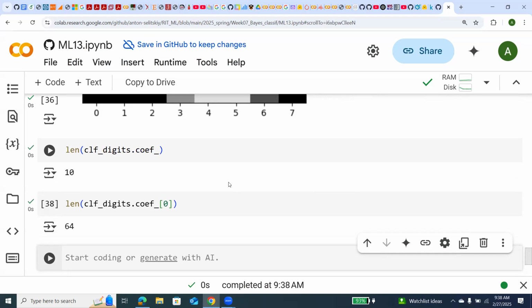Okay, so today we will talk about Bayesian classification, also probabilistic method.